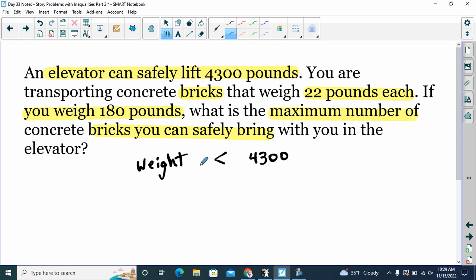Now we want to think about things that are going on the elevator that are going to increase the weight. It says that you are getting on the elevator and you weigh 180 pounds. So when you get on the elevator, that adds 180 pounds to the weight. But there's just one of you that's getting on at 180 pounds. So we just add that 180 one time.